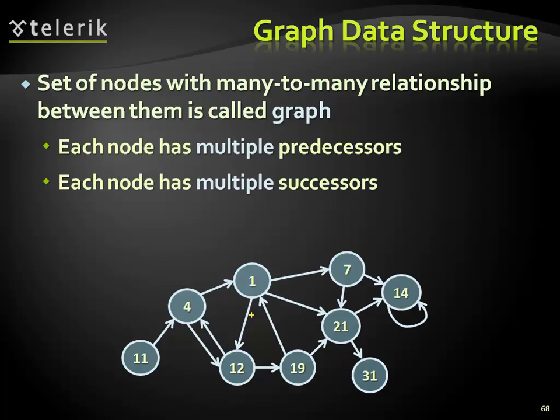So, what is that? Oh yeah, that thing. This thing is called a loop or a knot or something like that. It's like just having a connection to yourself. For example, you can go from the city of Sofia to the city of Sofia again, but not traveling through the center, but traveling around Sofia.